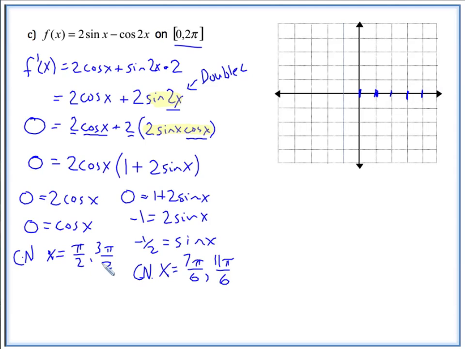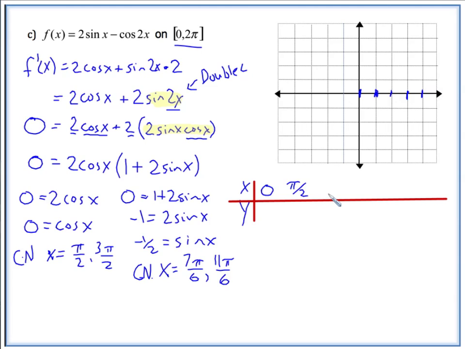Okay, so now let's go ahead and find our maxes and mins. So we'll just make our XY chart here. Make it a little cleaner for you guys. And we want to start with our left endpoint. So that's going to be 0. And then we want to move on to our critical numbers. The next one would be pi over 2.